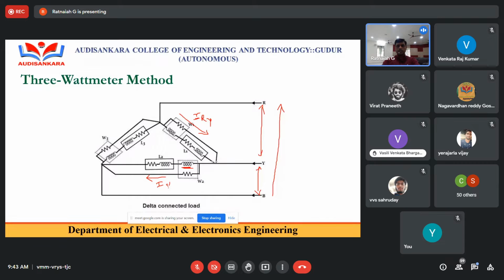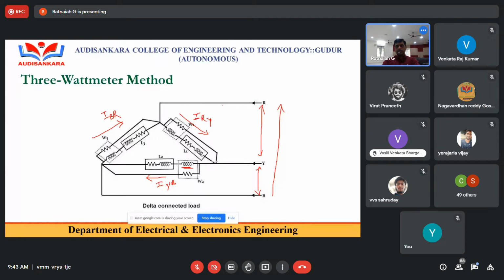We can call these the phase currents. The next branch is connected between B and R, so the current through this branch is IBR. So IRY, IYB and IBR we know.